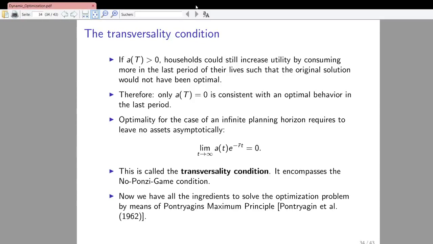Now, the no-Ponzi-game condition itself, however, only states that the net present value of assets limit must be non-negative. It does not say anything about whether it could in principle be positive.